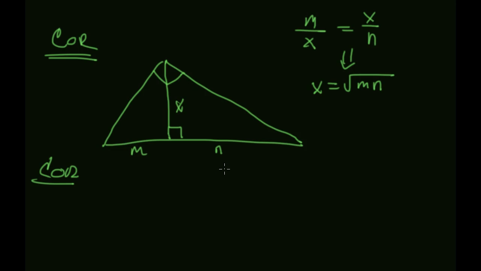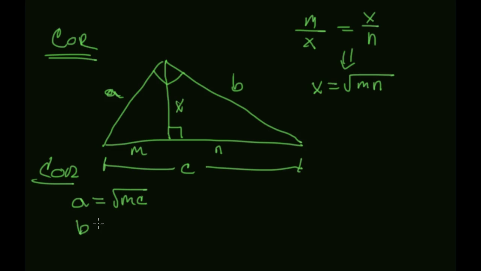We're going to call this one A. We're going to call this one B. It says that each leg is the geometric mean between the hypotenuse, so I do need the length C, the hypotenuse, and the part of the hypotenuse adjacent to that leg. So A is the geometric mean of M and C, and B is the geometric mean of N and C.